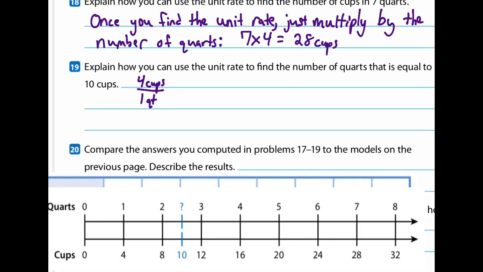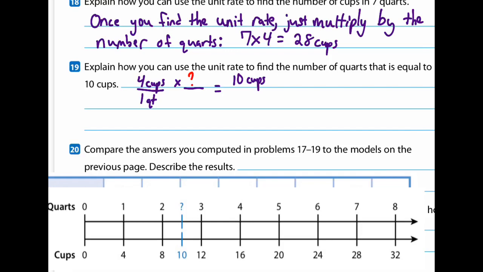So if I were answering this question, I would want to know 4 times what is going to get me 10 cups. And once I figure that out, I can then just figure out how many quarts it is. Now remember, you might not know 4 times what number is 10 cups.